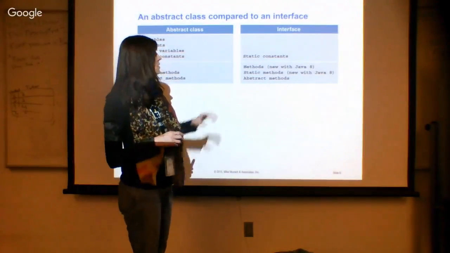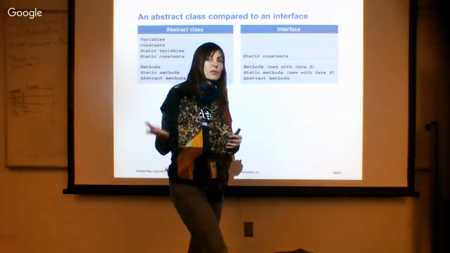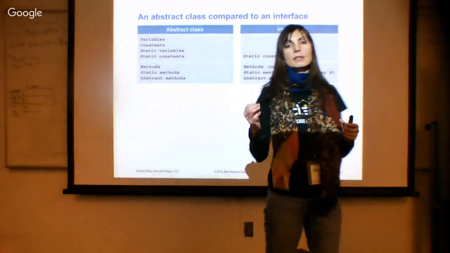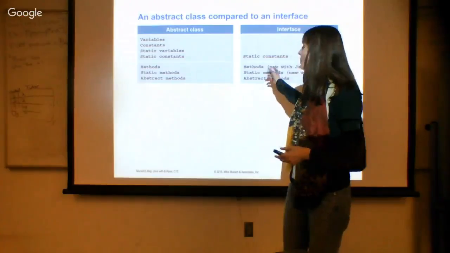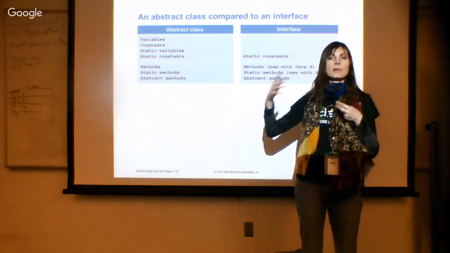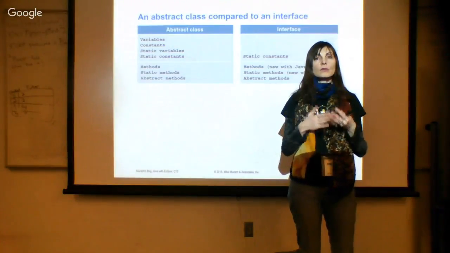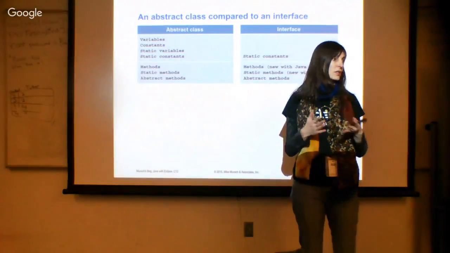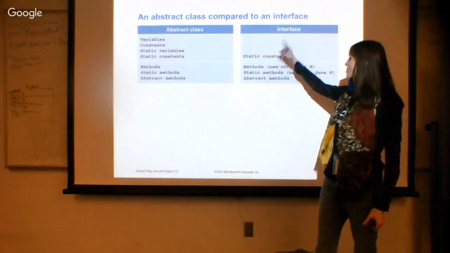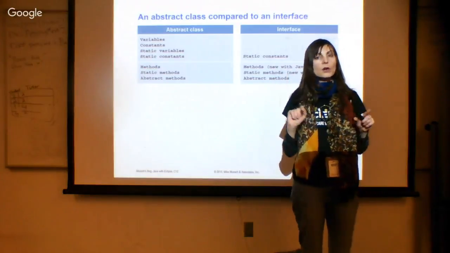You can consider when you might want to use abstract classes, when you might want to use interfaces. Something I didn't mention so far was that as of Java 8, there are some additions to the interface that make it more attractive to use an interface. So in other words, abstract classes have fewer advantages at this point. So as of Java 8, an interface can have what they call default methods.